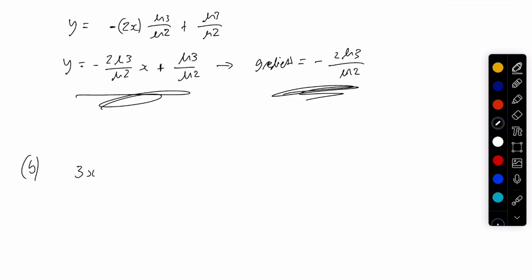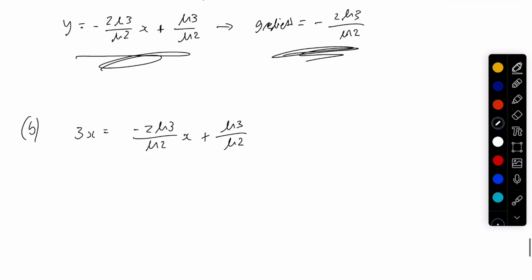So we can say 3x is equal to minus 2 ln 3 over ln 2 x plus ln 3 over ln 2.